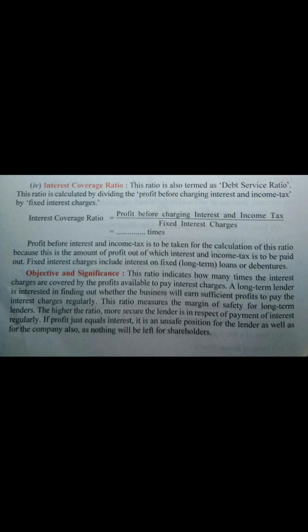Usually, if the interest coverage ratio is 6 or 7 times, then this would be considered a good or safe condition for the firm.